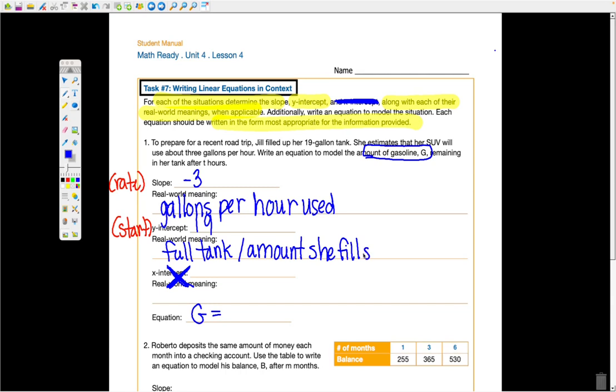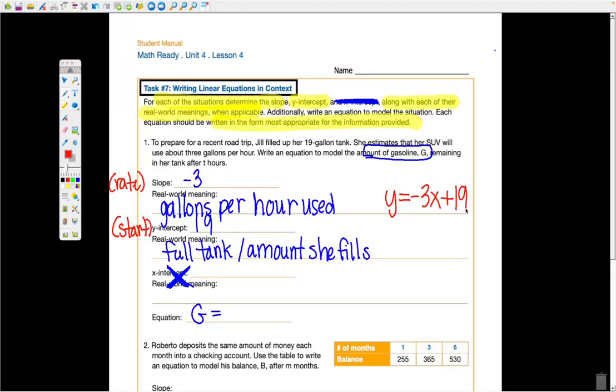So if I'm using the letters given here to write my equation, if it helps, you can start by writing it in y equals mx plus b and then translate it down here. Because you know it's going to be y equals your slope, which is -3, times your x, plus the 19 gallons it starts with.